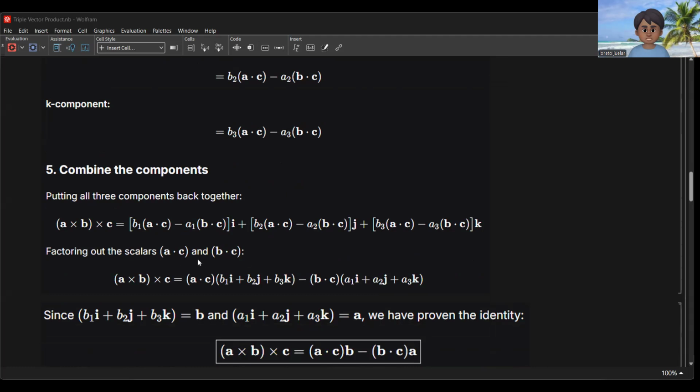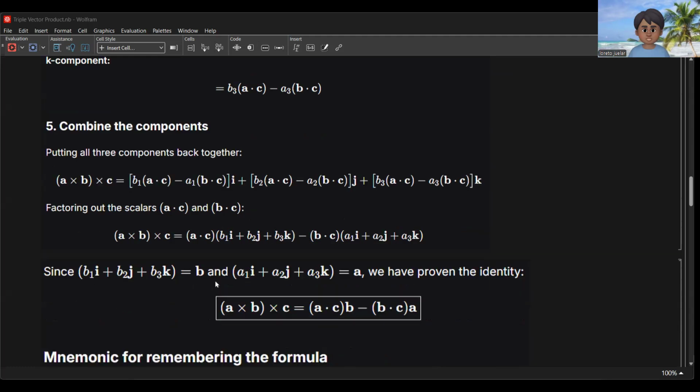Factoring out the scalars, we have the dot product of A and C, and the dot product of B and C. So we have B1 i, B2 j, B3 k, and A1 i, A2 j, A3 k. Since this expression is equal to B and this one is equal to A, we have proven the identity.